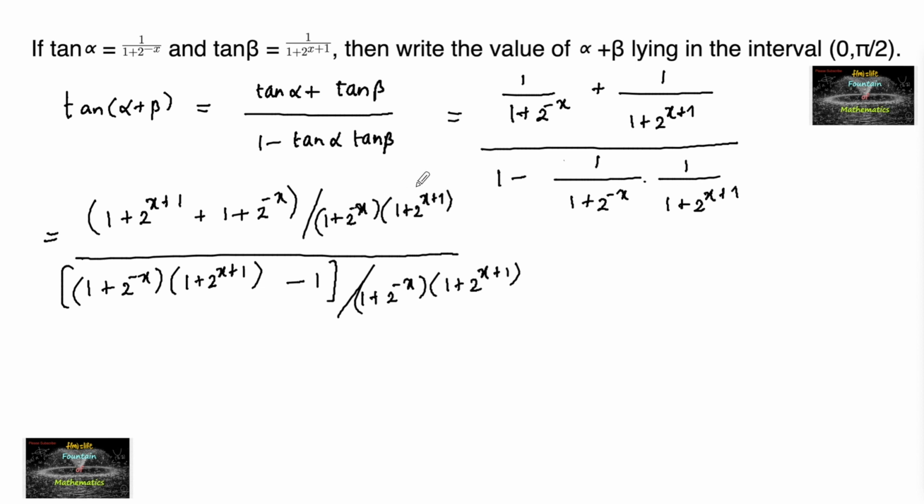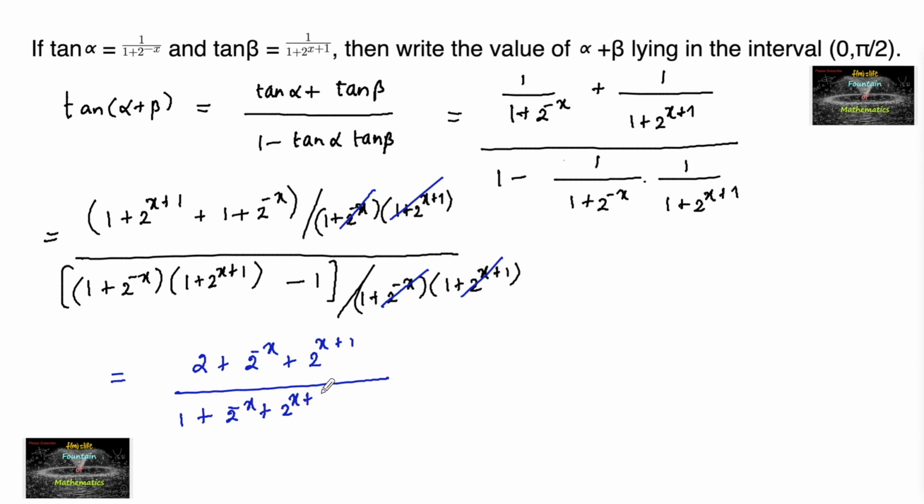So in both numerator and denominator we can cancel these terms, and we have 1 plus 1, it is 2 plus 2 to the power of minus x plus 2 to the power of x plus 1, divided by, and here we can simplify and write, 1 plus 2 to the power of minus x plus 2 to the power of x plus 1, and plus 2 to the power of minus x into 2 to the power of x plus 1, which is 2 to the power of 1, and again minus 1.